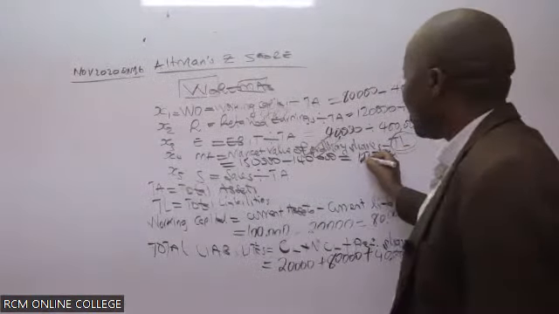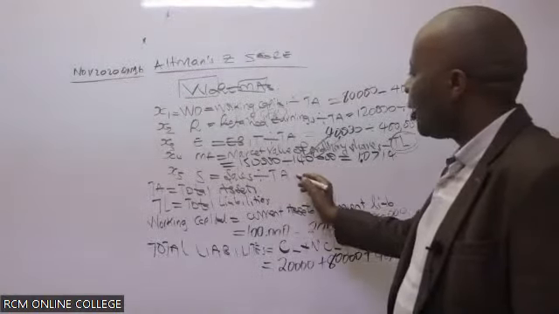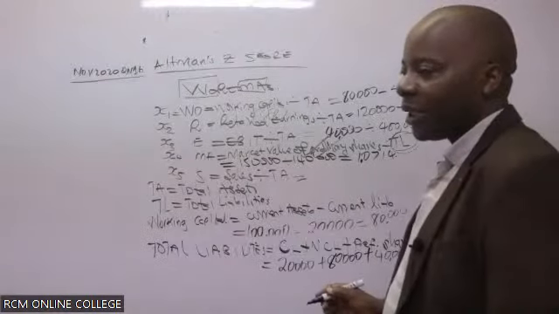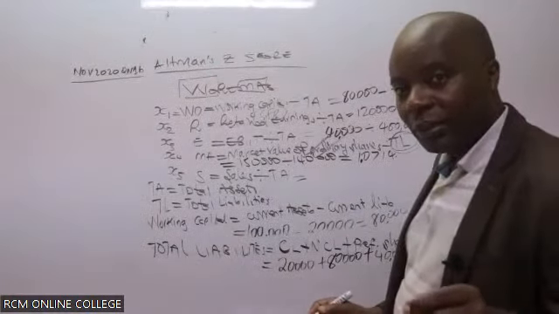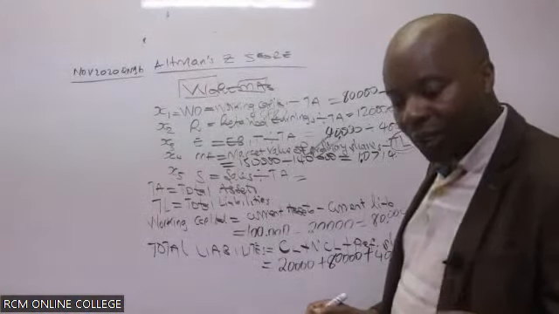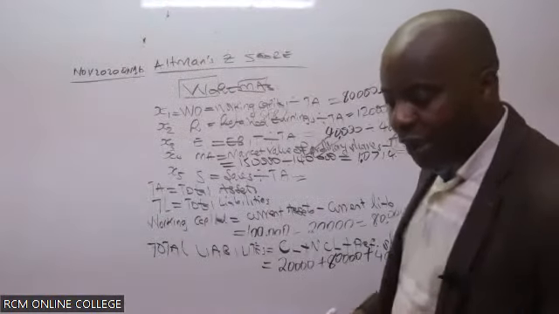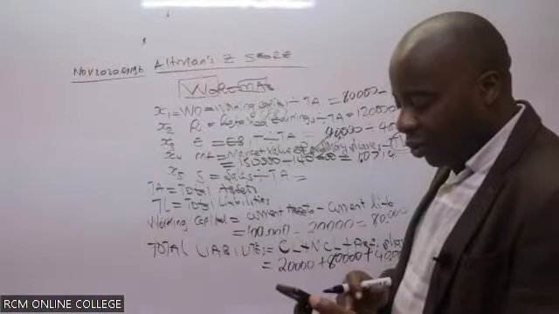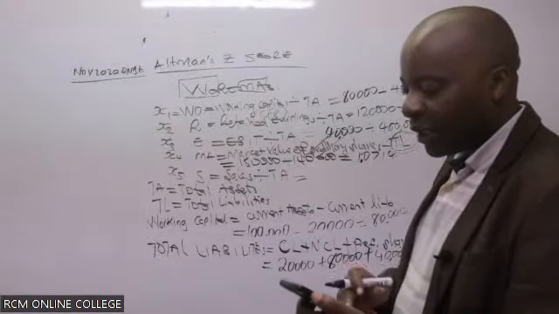And then I can quote the last one, which is sales divided by total assets. Sales is also known as turnover. That's how the examiner confuses you. If you go to this income statement, it is given there directly.